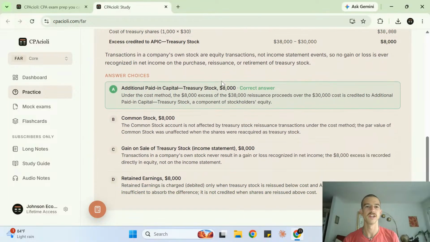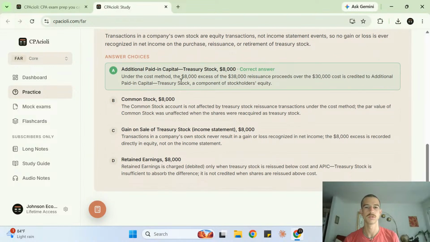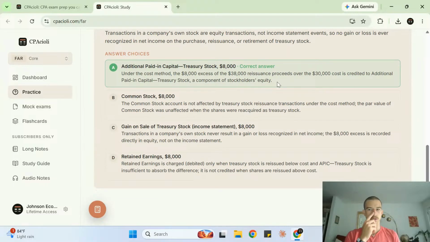But for this, it's all to additional paid-in capital. We're going to do additional paid-in capital. Treasury stock, a component of stockholders' equity.